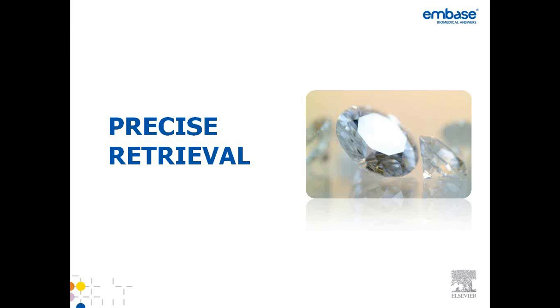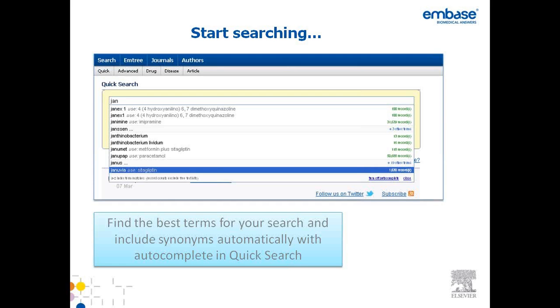So how do we take all of that content, and that indexing, and then enable you to do the best search possible? Even from the quick search form, you are availing of the power of Emtree and mapping. So here, as you start to type in a term into the quick search form, the autocomplete will find the matching Emtree term.